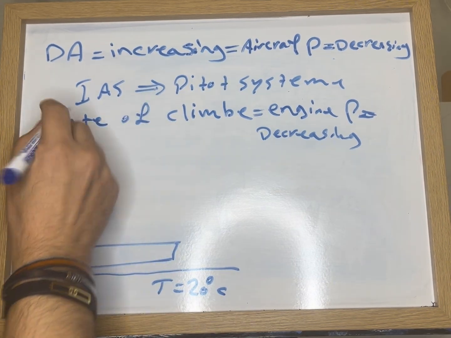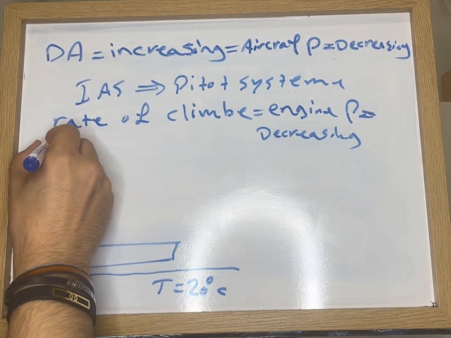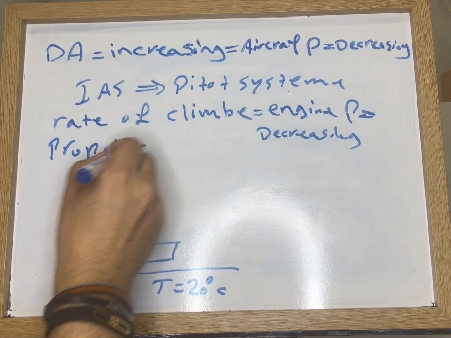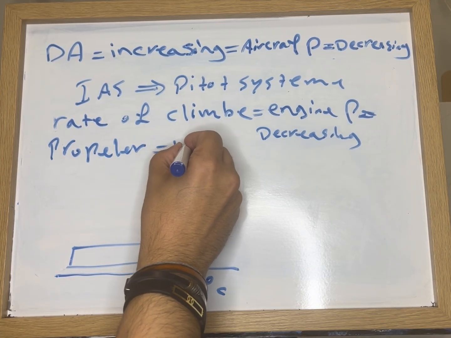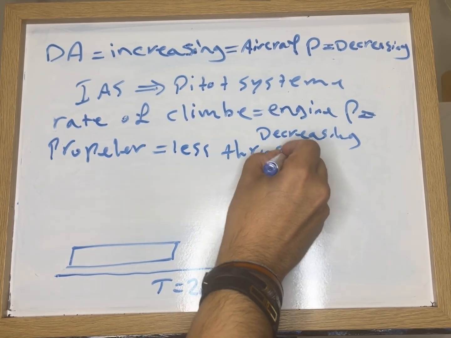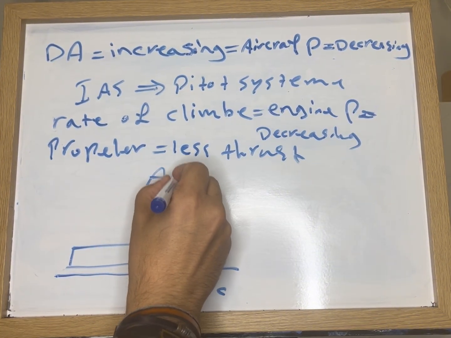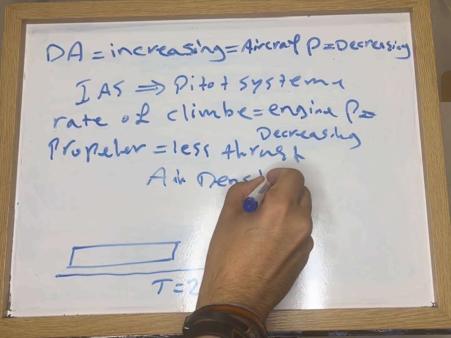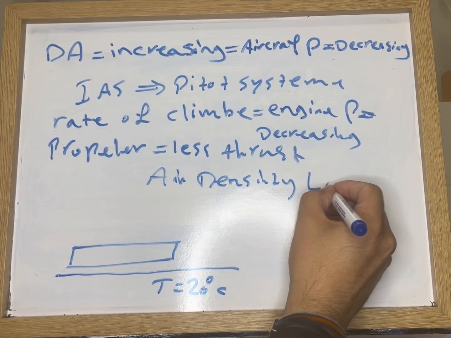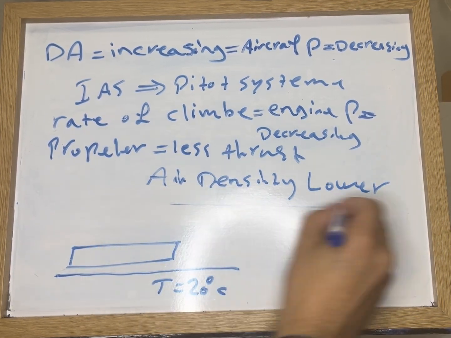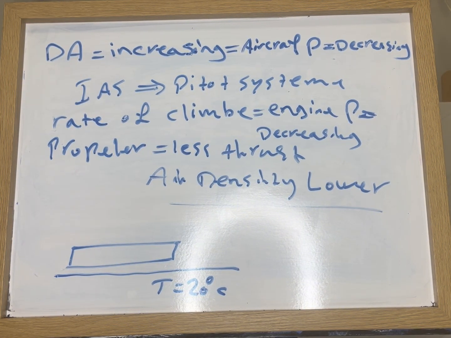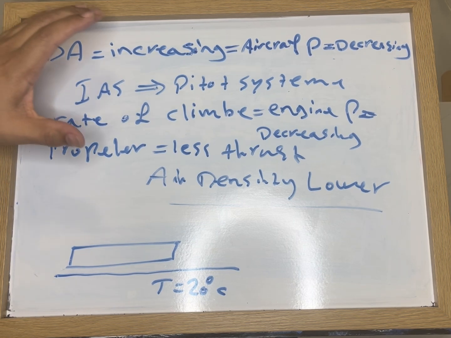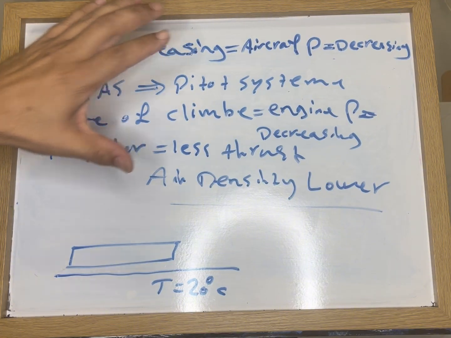Another impact is the propeller. At higher density altitude, the propeller produces less thrust because the air density is lower. These are the main factors that impact aircraft at higher density altitude.